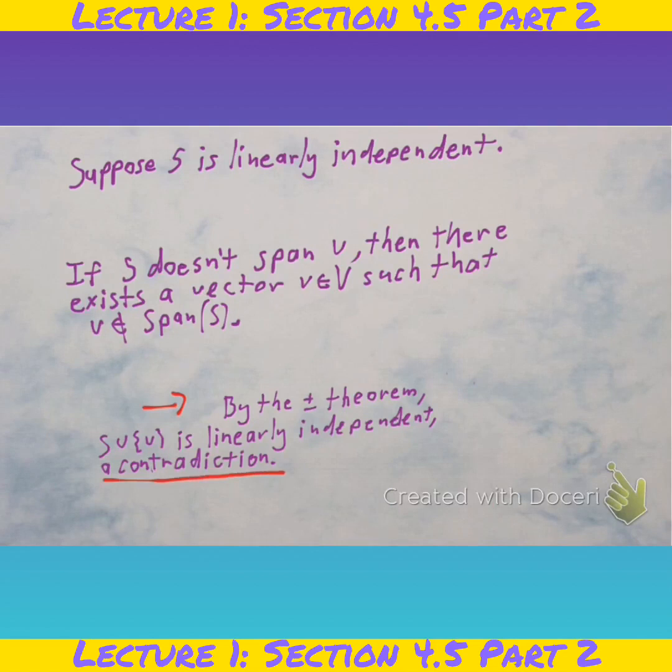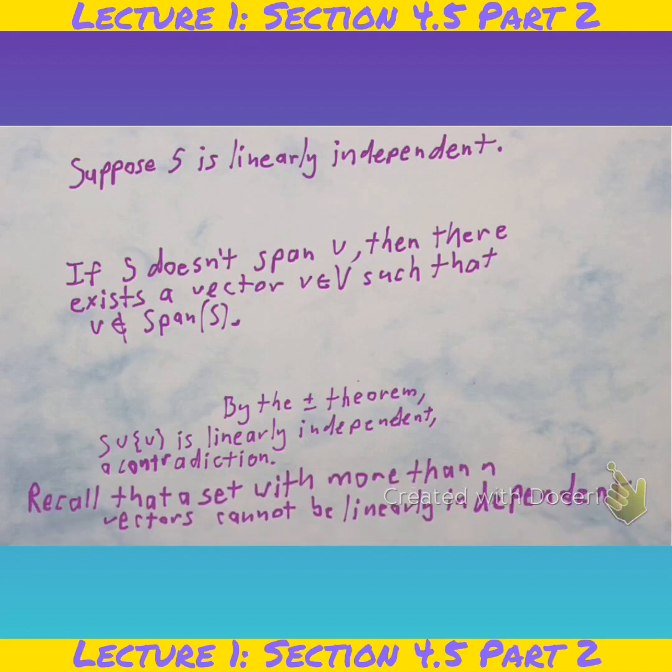Why do I get a contradiction? What is the problem with this set here? Why can that set not be linearly independent? Now, by the previous theorem, in an n-dimensional vector space, no set with more than n vectors can be linearly independent. Recall that from the previous theorem.